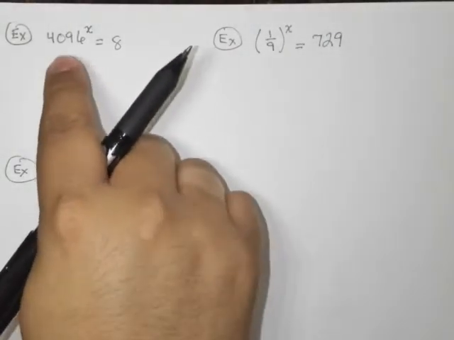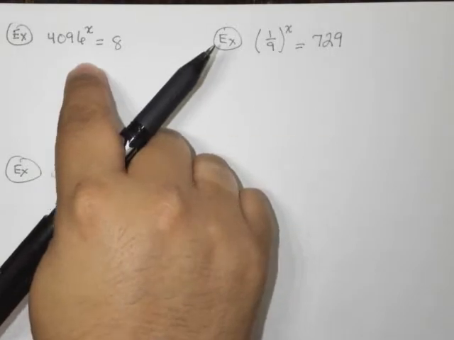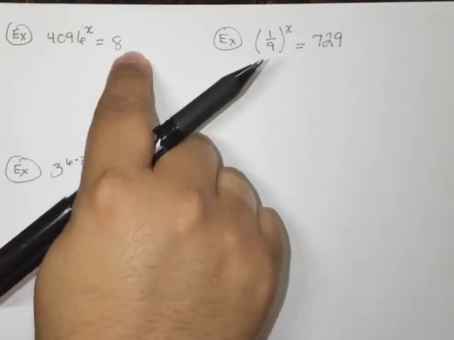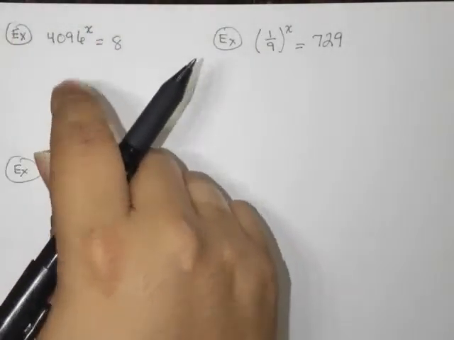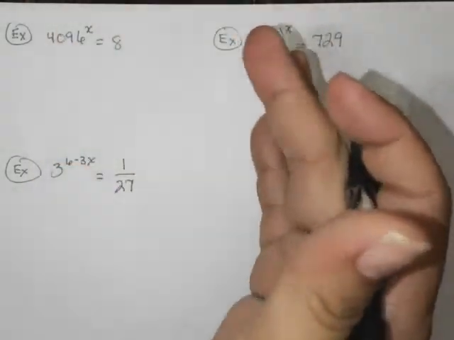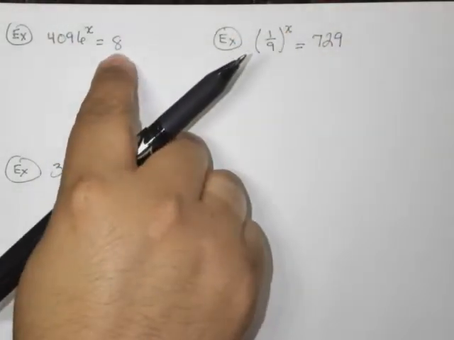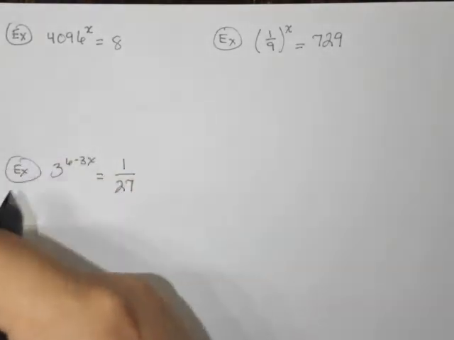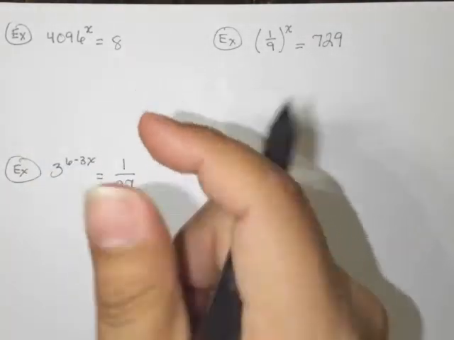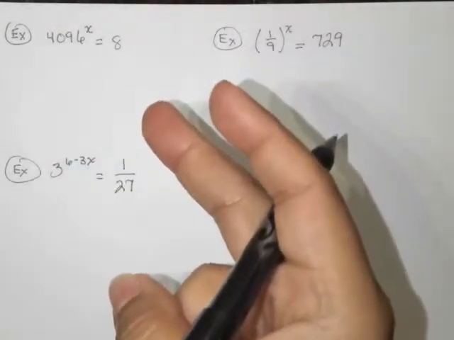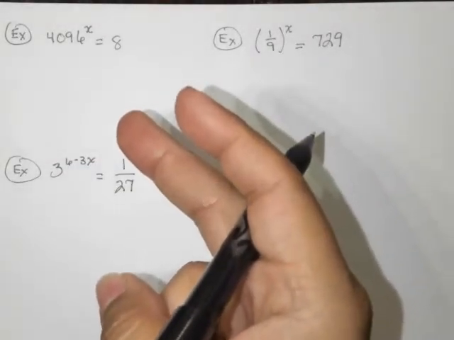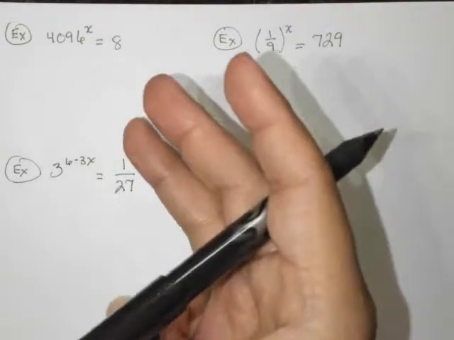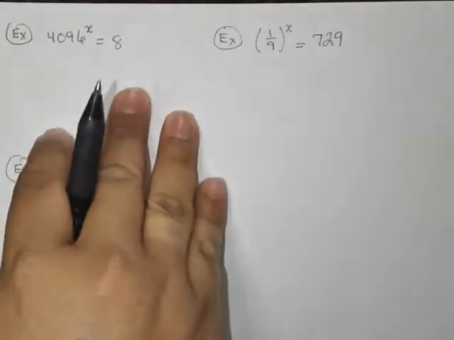Okay, so here we have 4096 to the power x equals 8. Well, I'm going to start off by guessing: if this is an 8, can we write this as a power of 8? You think about 8 to the first power is 8, 8 to the second power is 64, 8 to the third power, 8 to the fourth power, and you can stop.